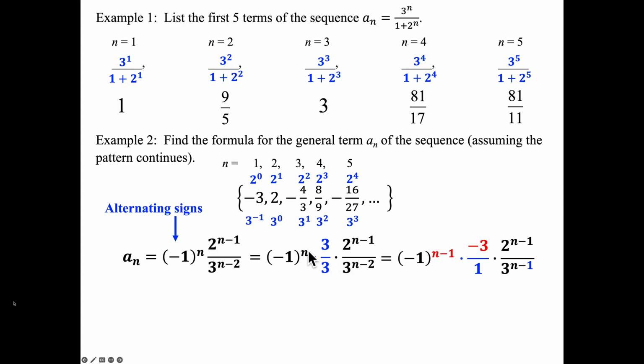To make it an n minus 1, I'm going to take a negative away from the base, multiply it to this 3 in the numerator, and that will give this negative 1 an n minus 1 exponent. So now I can rewrite this as negative 3, and I can have the negative 1, the 2, and the 3, all same bases, put them all together to one exponent, a negative 2/3 to the n minus 1 power.